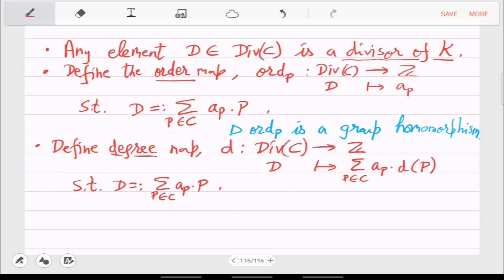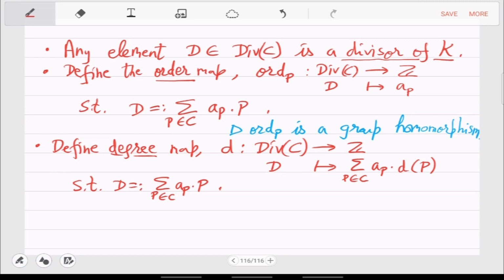Okay, so for a divisor, sigma AP times P, degree is basically sigma AP, but you have to weigh on the degree of the point itself as well. Because the point, as I said, is actually not a real point, it's a cloud of conjugates.